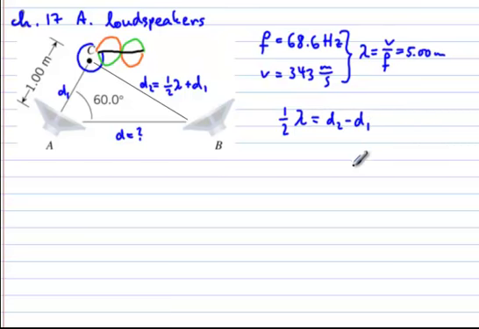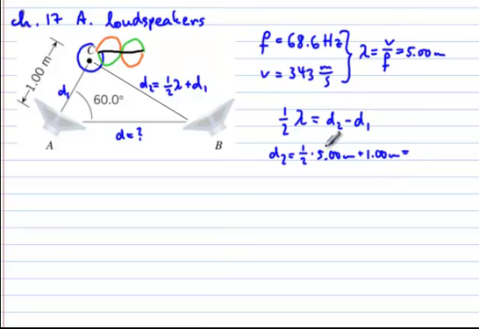In the meantime, lambda is given, and d1 is given as well. It's 1.00 meter in the problem. So the way I should write it is d2 equals 1/2 times the wavelength, which is 5.00 meters, plus 1.00 meters.